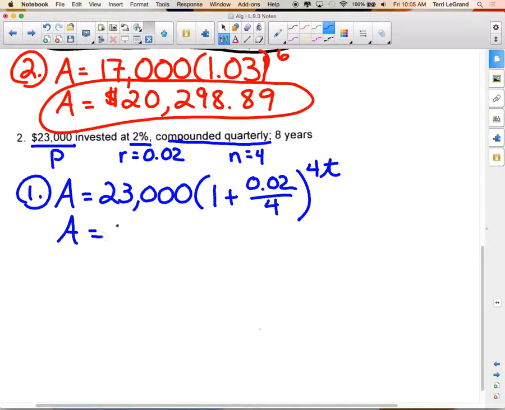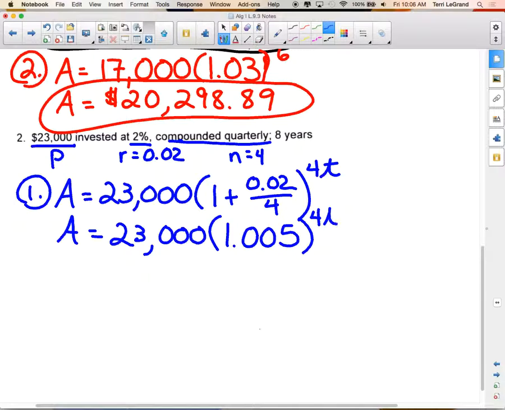So A equals 23,000. What does 0.02 divided by 4 become? 0.005, like half a penny. And then we add it to 1. So 1.005, and it's to the 4t power. We can't clean that up. 4 times t is 4 times t.